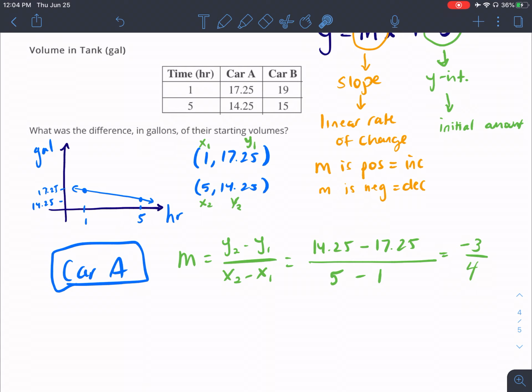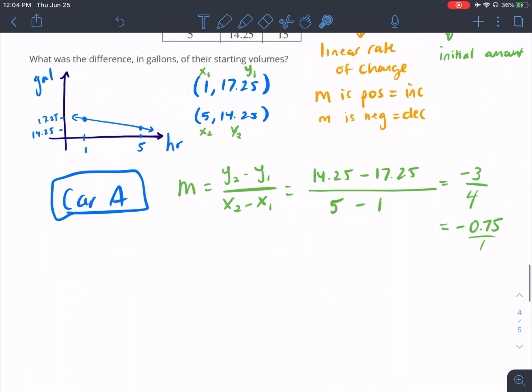If you convert that into a decimal, that's going to be negative 0.75. Think of this as over 1. This is telling you that you're losing 0.75 gallons for every hour.